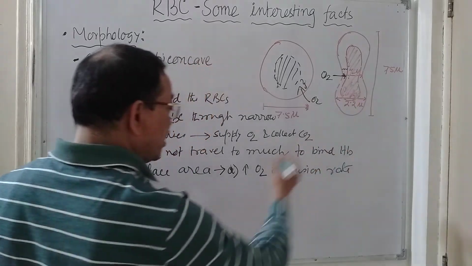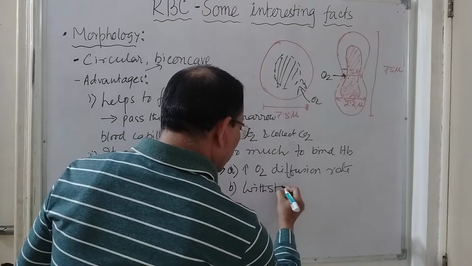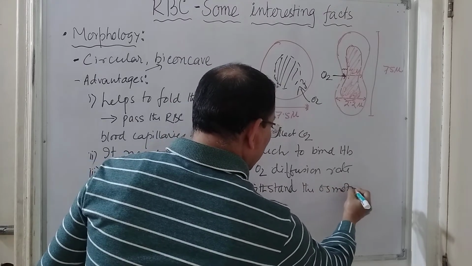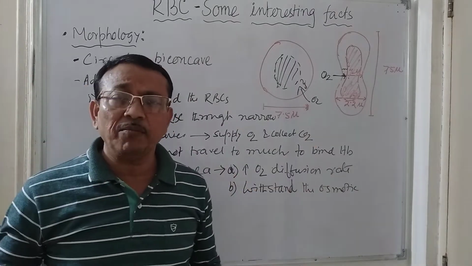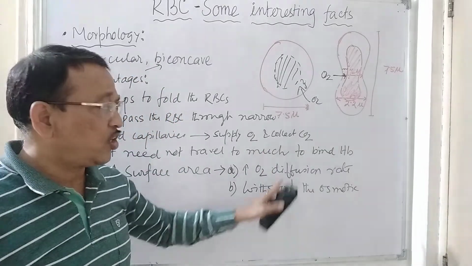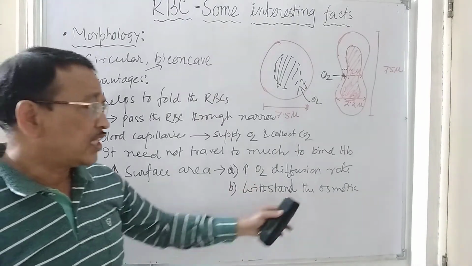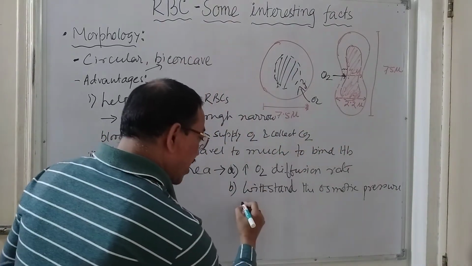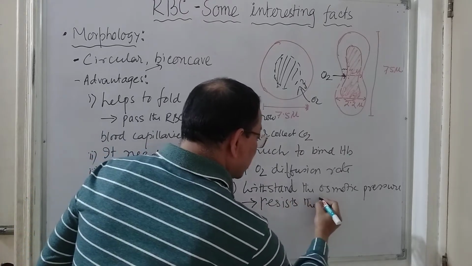to bind with the hemoglobin, and secondly, it will withstand the osmotic pressure. As the RBCs are present in the plasma, within the water medium, they have to face a huge amount of osmotic pressure. So because of the increased surface area, this helps to overcome the osmotic pressure, and thereby prevent the hemolysis of the RBC.